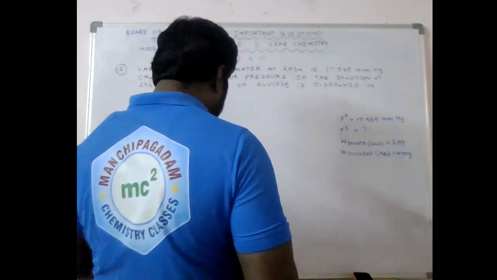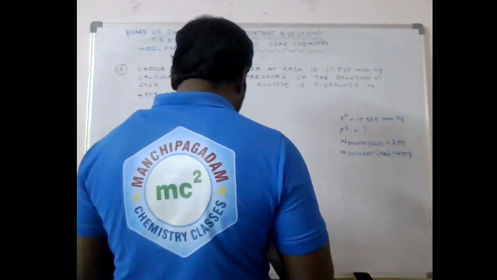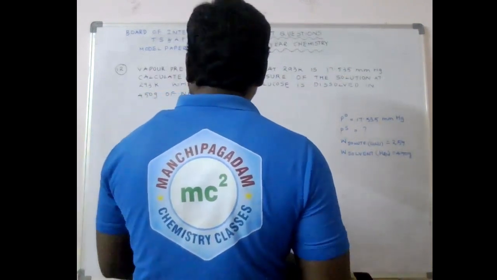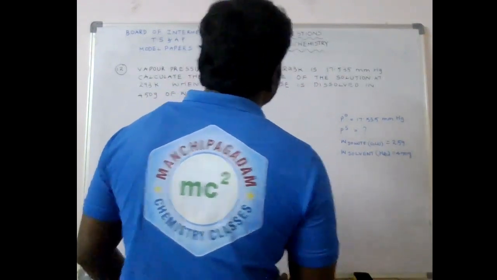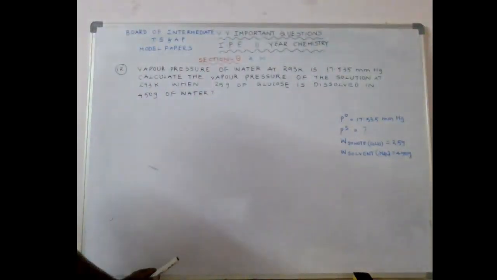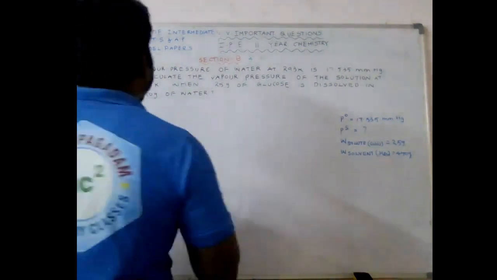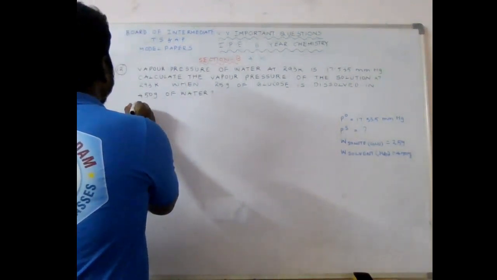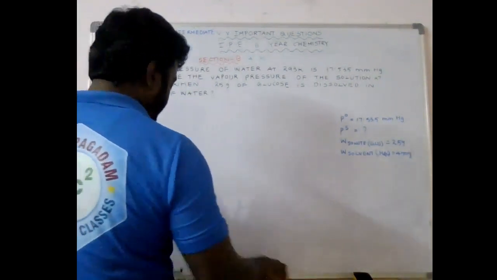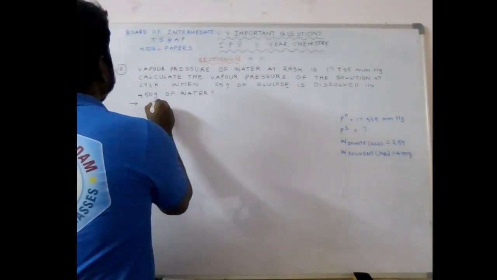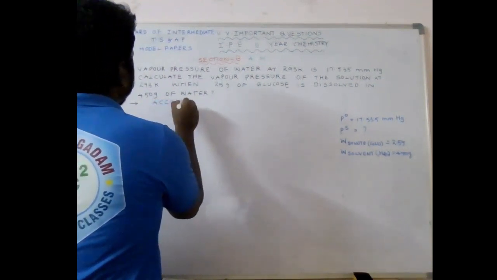This is the information given. The temperature is 293 Kelvin only, that is constant. Then we have to calculate vapor pressure of the solution. So from which law we can calculate this? Raoult's law, correct? According to Raoult's law, or you can say from Raoult's law.